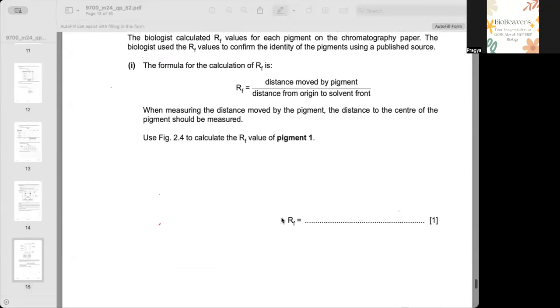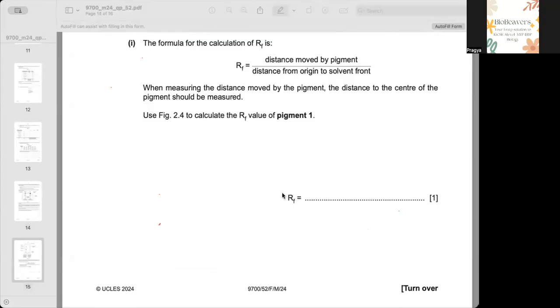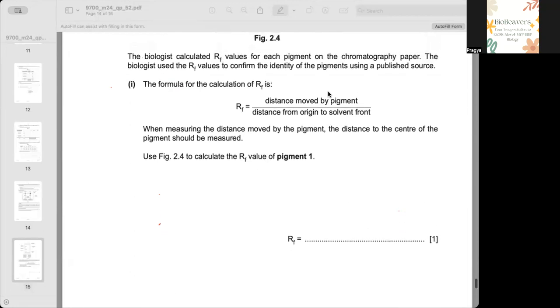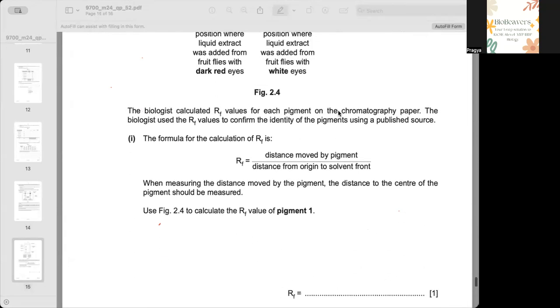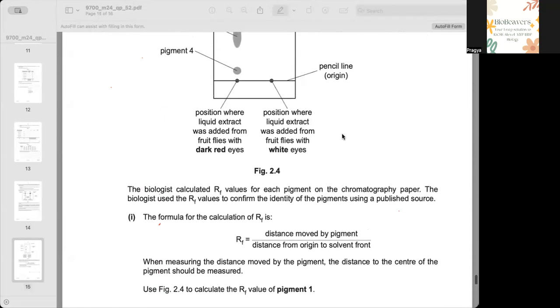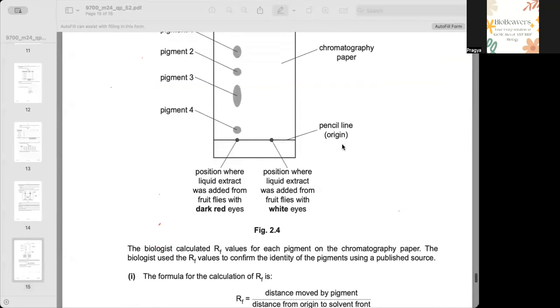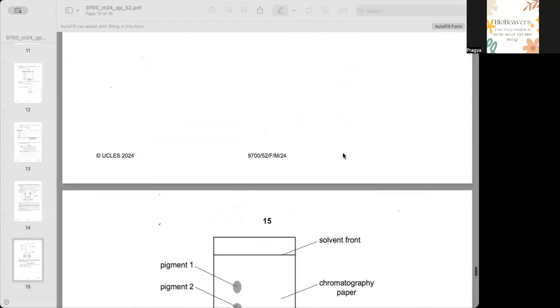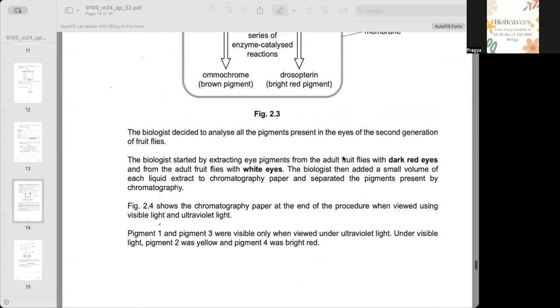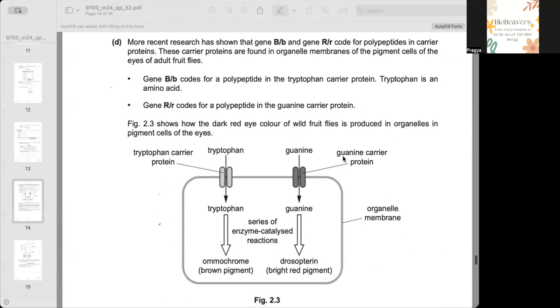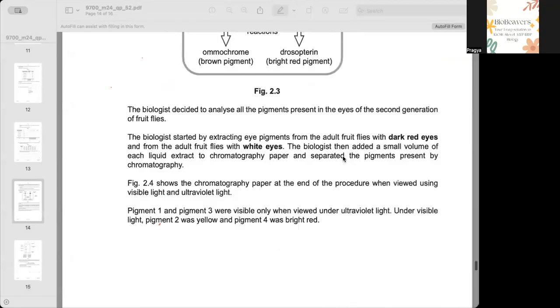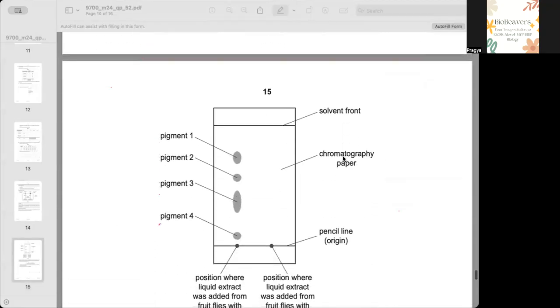It's more about chromatography. So here they are asking to calculate the RF. RF is calculated by the distance moved by the pigment divided by the distance from origin to the solvent front. So here is when you will be picking up your pencil as well as scale.